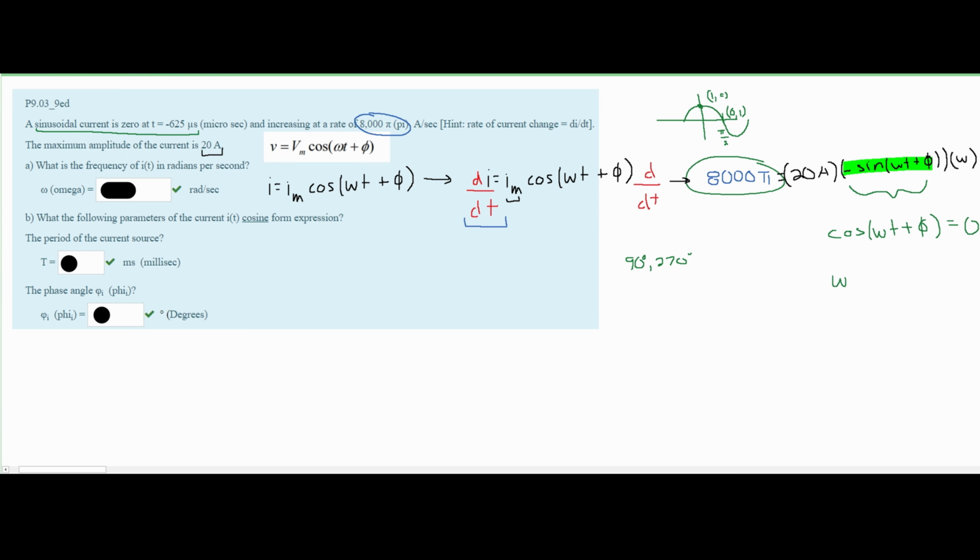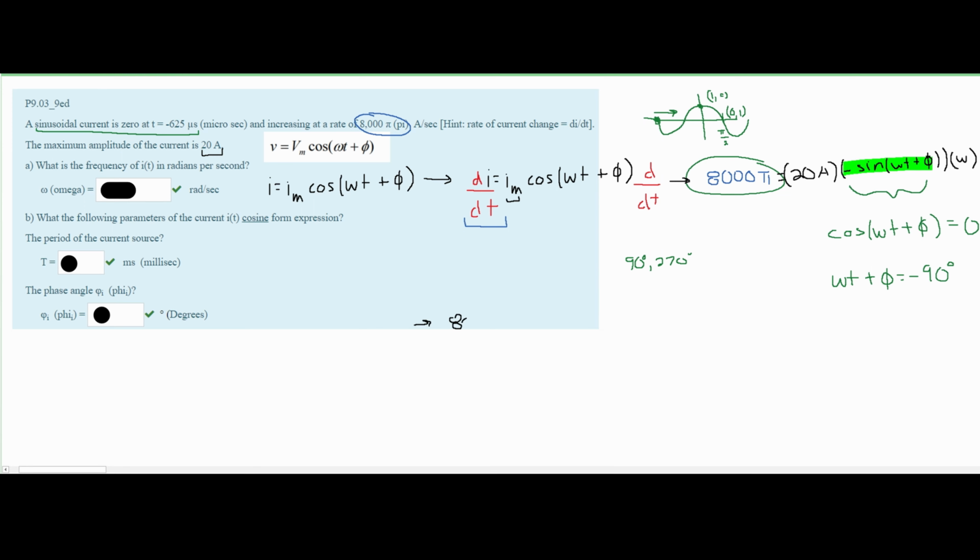So our omega t plus our phase shift needs to equal 90 degrees. However, our sinusoidal current at 0 is increasing, which is the reason I drew this part right here. So we're going to have a negative 90 degrees. Since it's increasing, it'll be going this way, but again, because it's negative, we have to have a negative out front. Now we can just plug this into our equation.